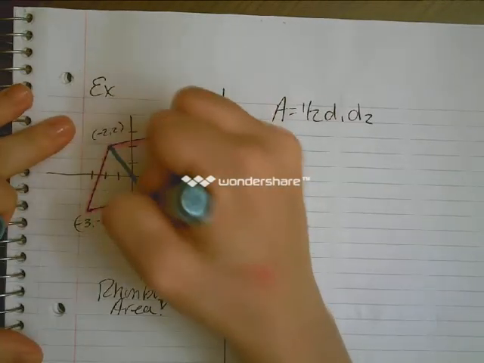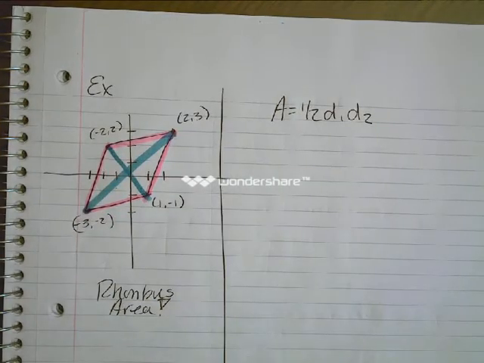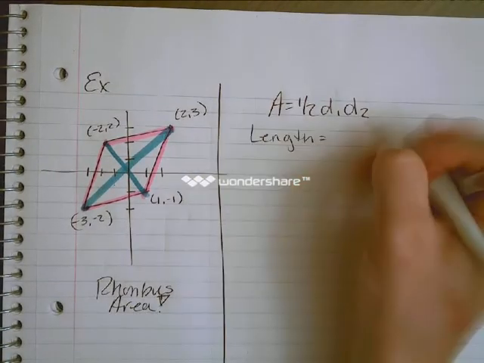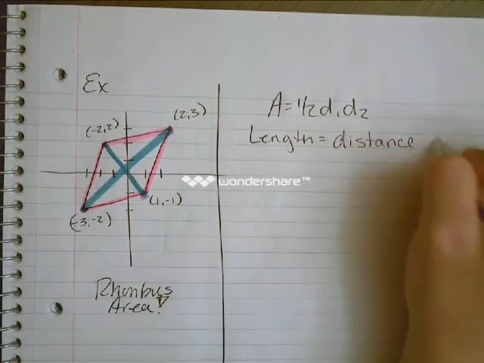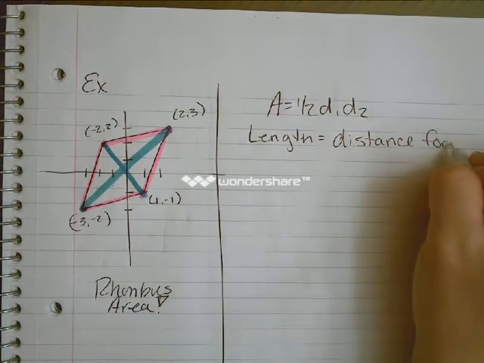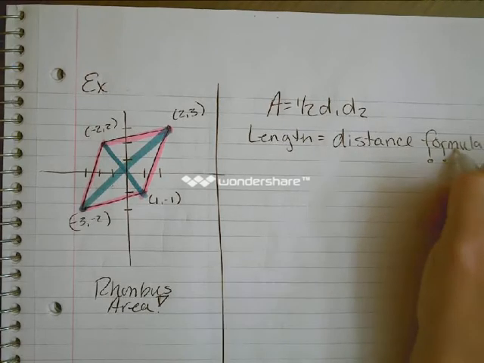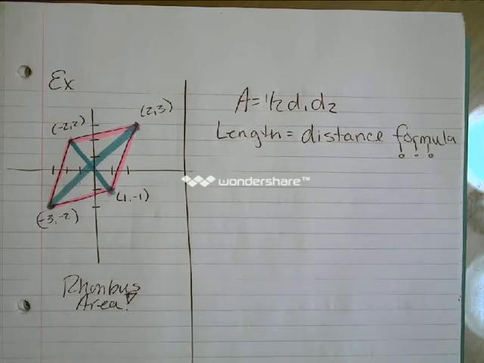Length on a coordinate grid means distance formula. Always. I don't know why I have a hard time getting kids to remember that, but length and distance mean the same thing. So anytime you're trying to do length on a coordinate grid, it always means the distance formula. So let's plug these two in for D1.